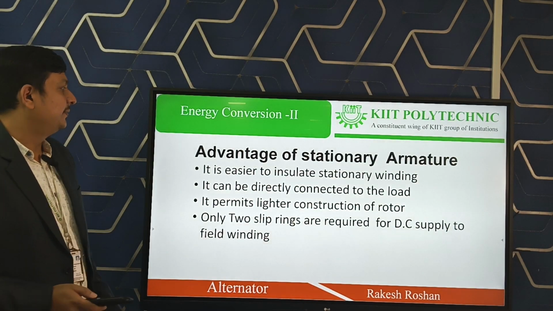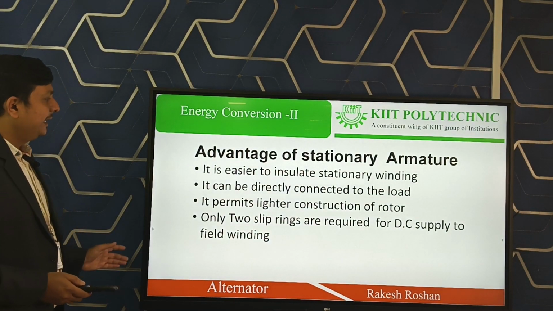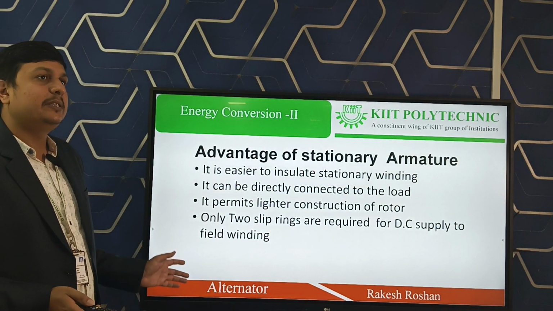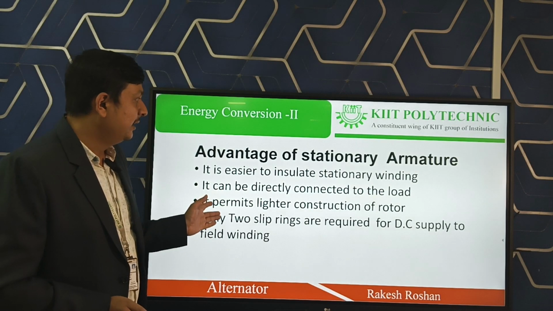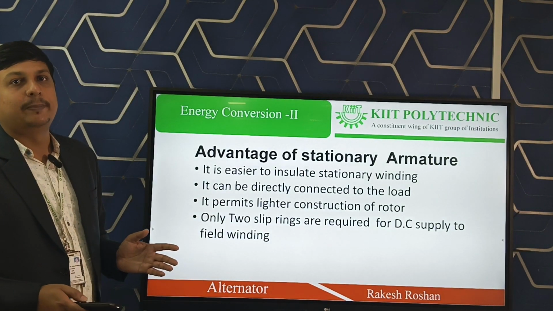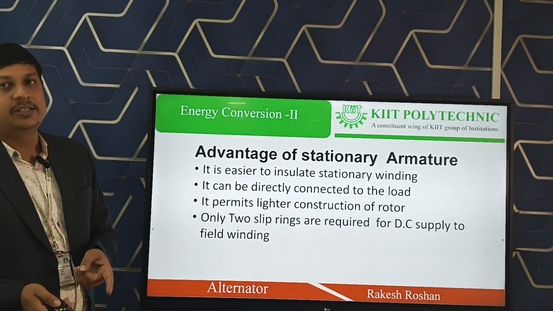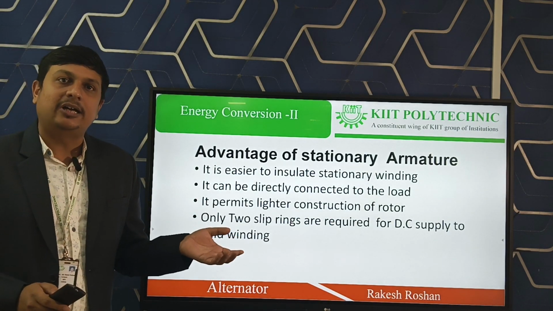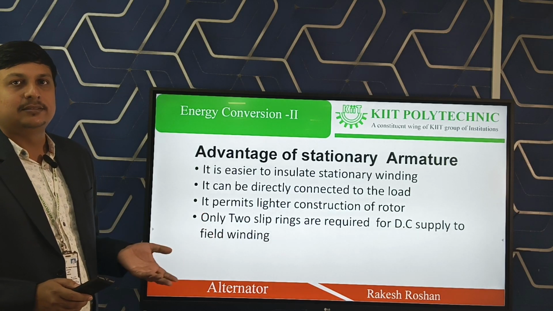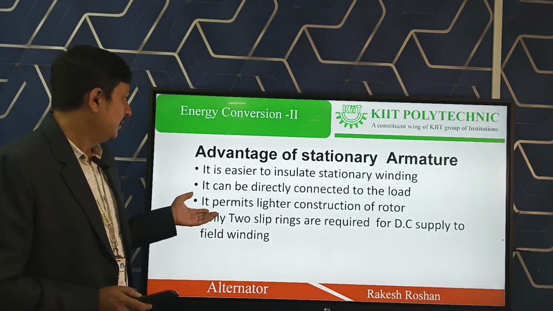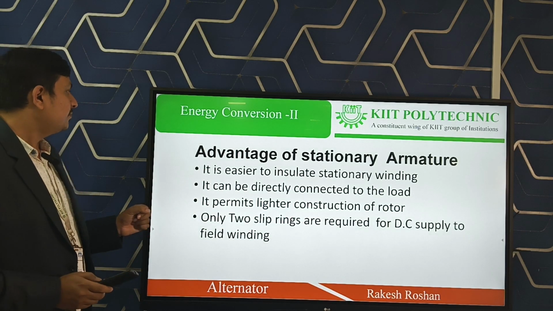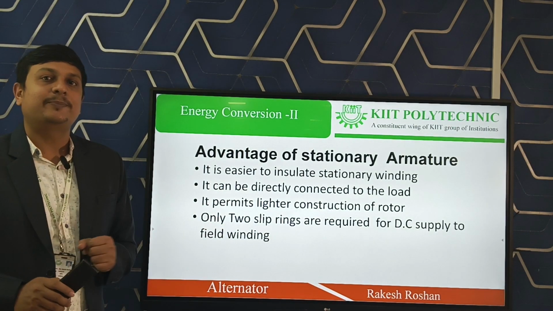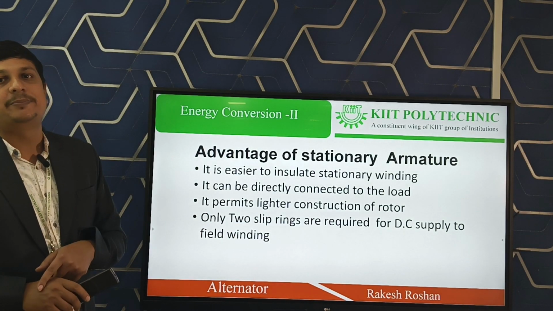The second advantage of this type of arrangement is that it can be directly connected to the load. As I said earlier, the working output power is produced in the armature, and the armature is placed on the stator, so you can connect the wires through the leads. This is a major advantage, but it is not possible in case of DC generator.